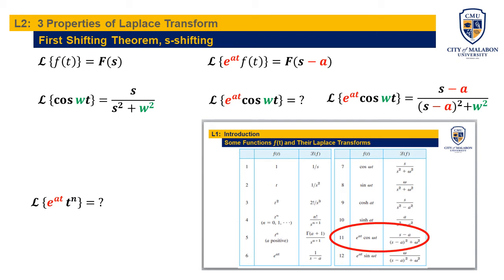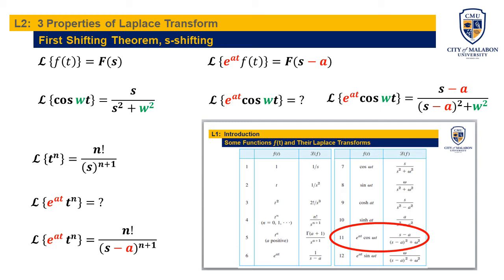Given this table, what is the Laplace transform of e to the at times t to the n? So, mapapansin natin na yung ating Laplace transform ng t to the n is equal to n factorial all over s raised to the n plus 1.